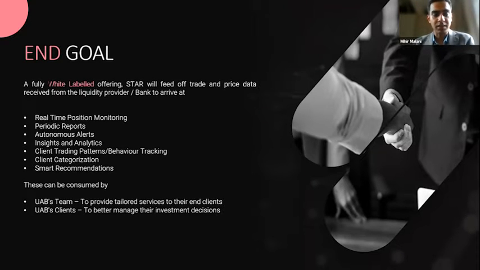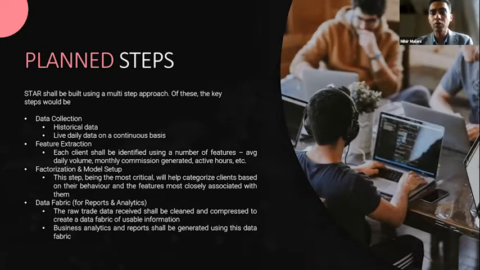The client categorization and smart recommendations can then be consumed by UAB's team to provide tailored services to their end clients, or by the UAB's clients themselves directly to be able to better manage their investment decisions.